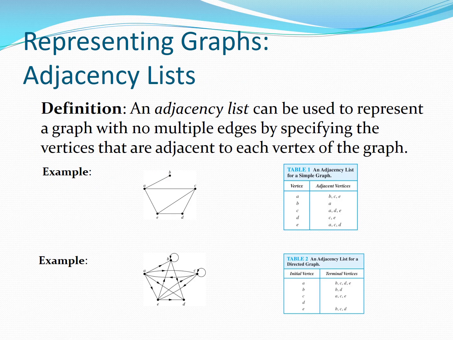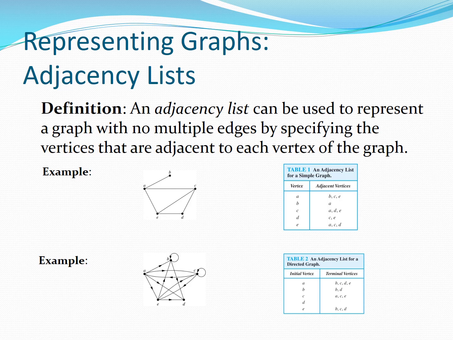Okay, so let's start with the various representations of graphs. Let's start with the first kind of representation, which is in the form of an adjacency list. All right, so let's look at the definition of an adjacency list. An adjacency list is used to represent a graph without multiple edges by specifying the vertices which are connected to any given vertex in the graph.